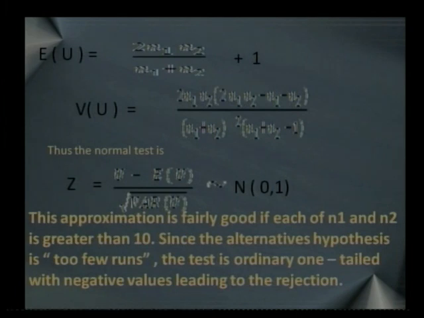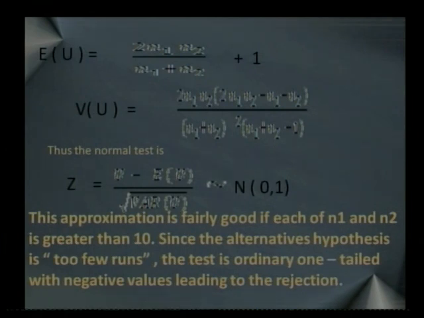So we apply the normal test, and therefore Z is equal to U minus expectation of U, whole divided by the square root of variance of U, and this follows normal 0, 1.